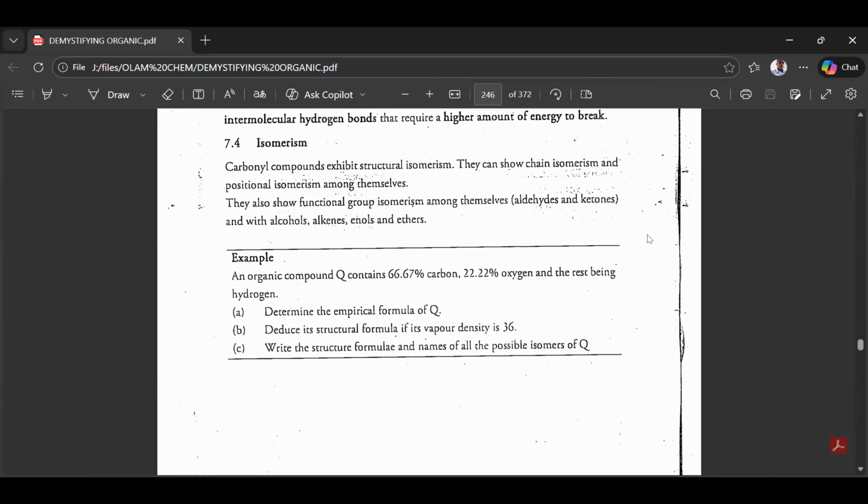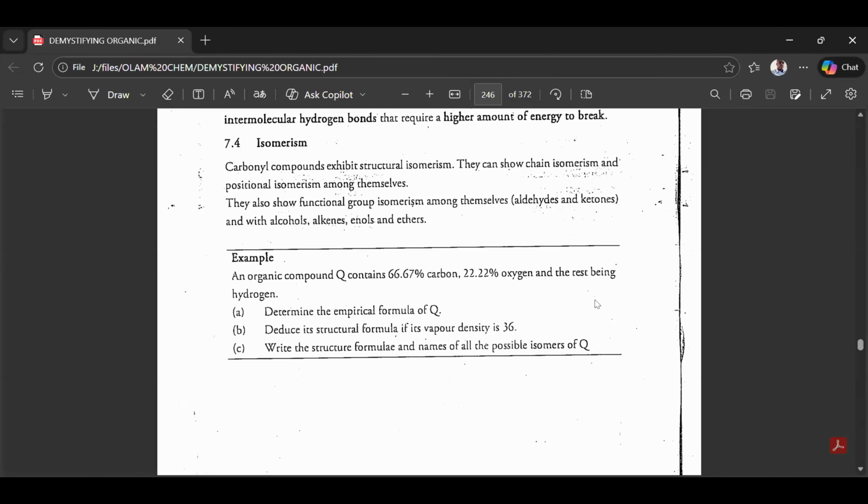Okay, if you are done, you can screen share your structures or your formulas. Teacher, are you seeing my work?